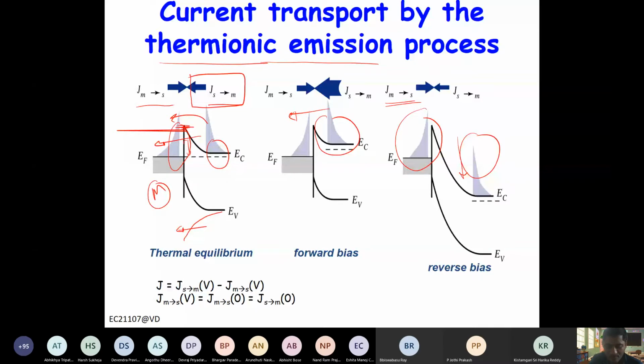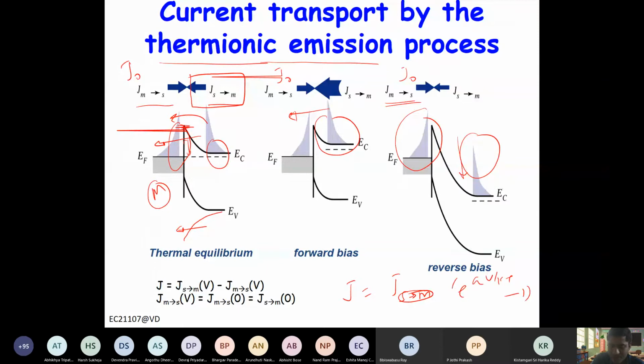So we can basically say that your overall current density will be some kind of JSM. It will be J naught, always J naught, and on the semiconductor side it will be exponential of qV by kT, and then on the opposite side, minus 1.